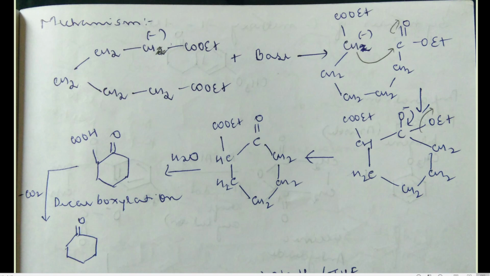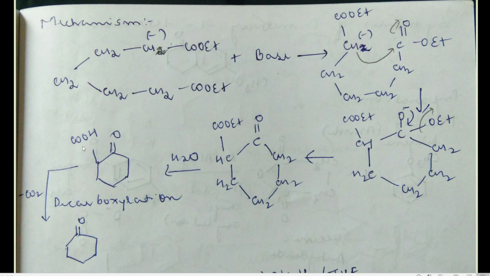And what is the next step? Addition of water. So there is addition of water here so that this Et is replaced by H. So we get a COOH, that is a carboxylic group here. Carboxylic acid functional group is obtained because Et is replaced by H on the addition of water. What is the last step, students?